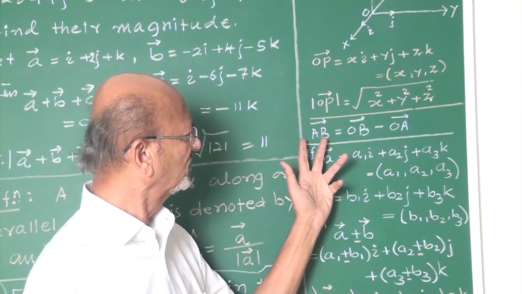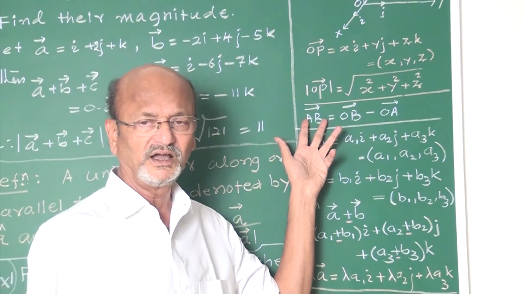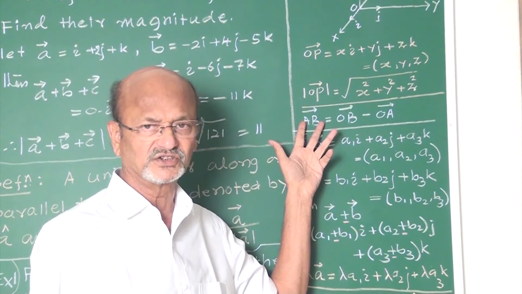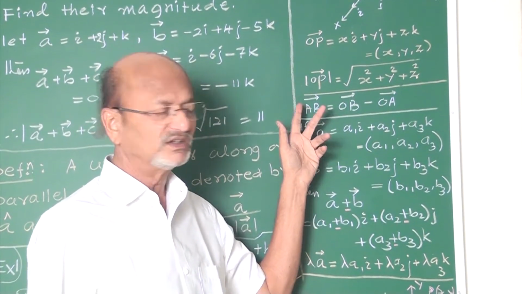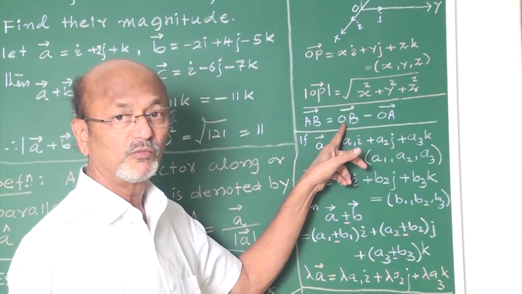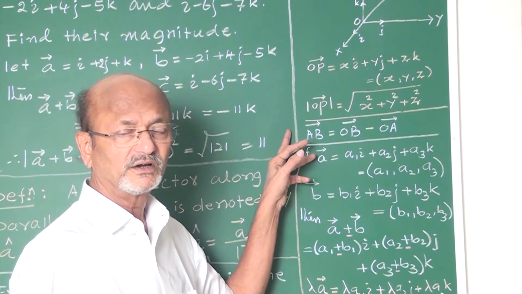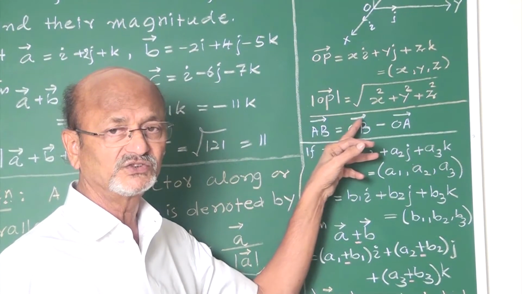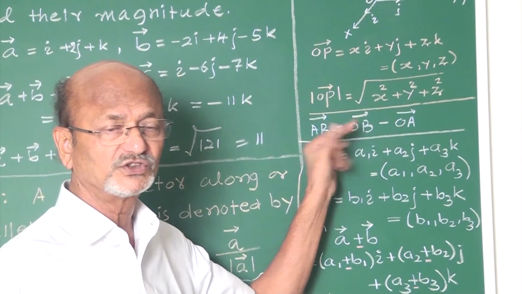Now AB is any vector. It is a vector joining the points A and B. From A to B is the direction. In this case, this can be expressed in terms of position vectors. Vector AB equals the position vector of the second point minus the position vector of the first point.